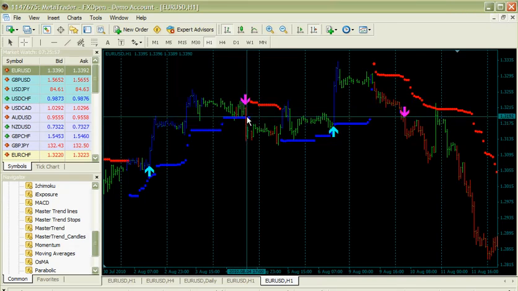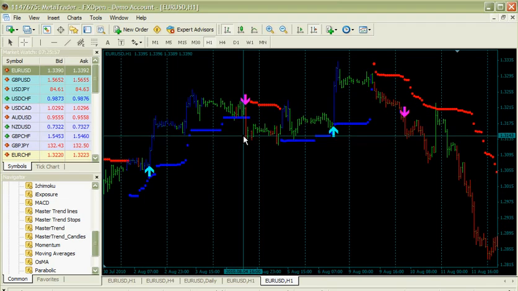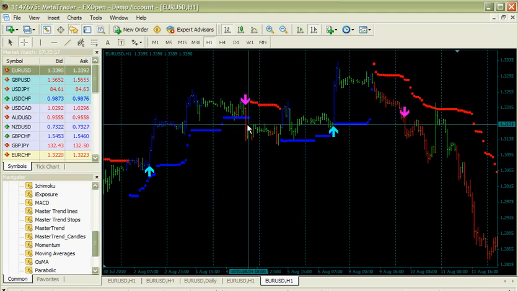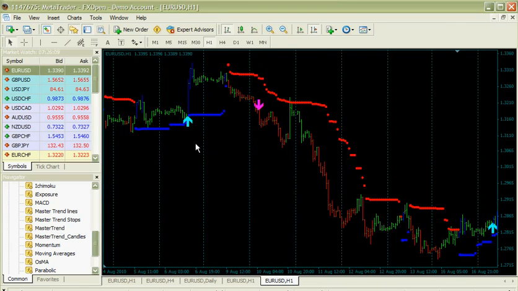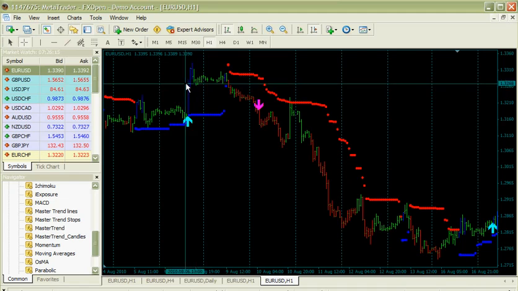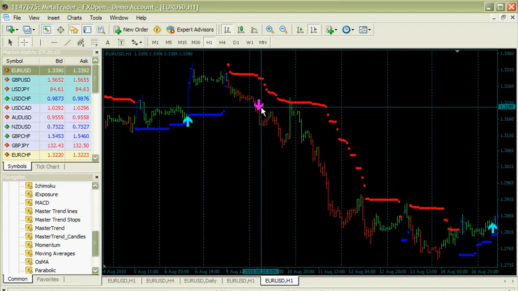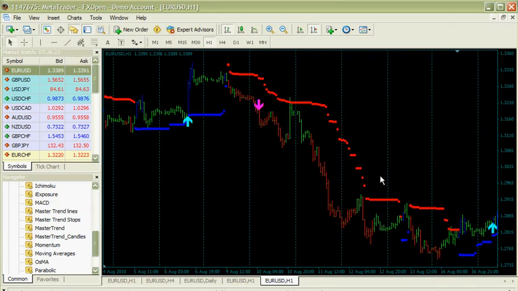Something like this, so you get a sell signal with a blue dot in the middle. So in this case we probably would have avoided something like this. A trade like this we could have made probably 50-60 pips on the fly here, and then the trend reversed and we could have made a very nice 440 pips.